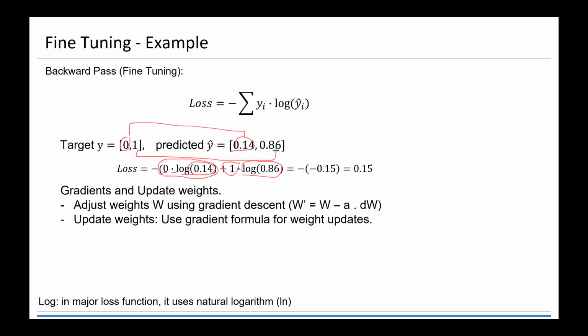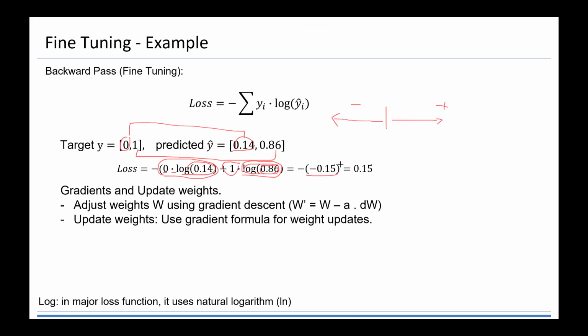Okay. So the log function will give you negative if it is lower than 1. Log 1 is 0, and if it is higher than 1, it will be positive. Okay, so you can check later.